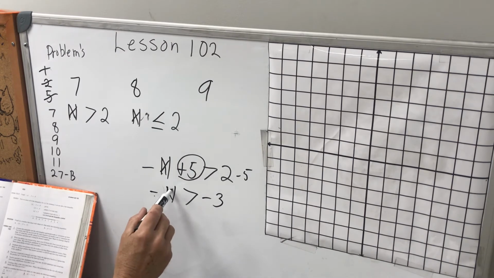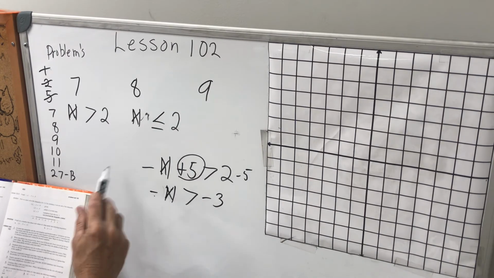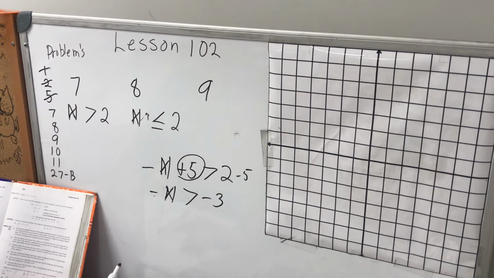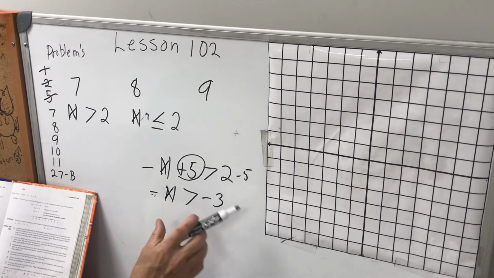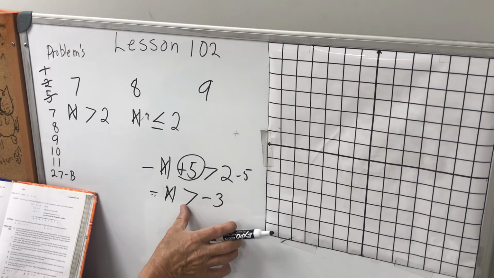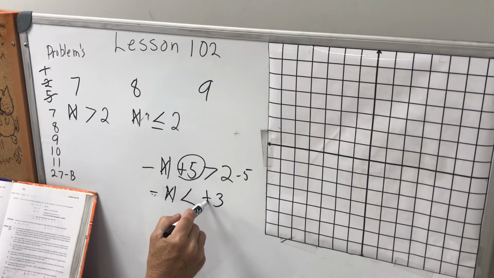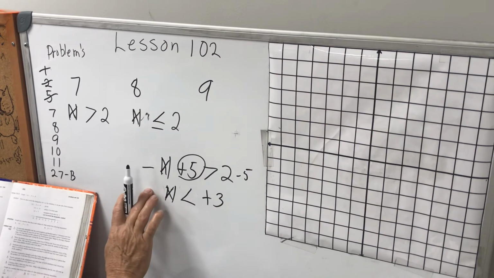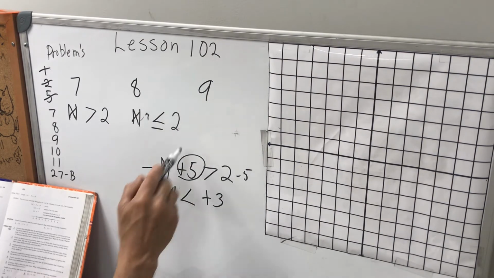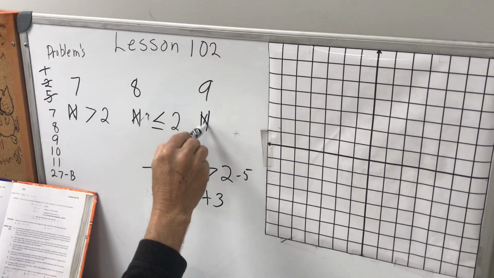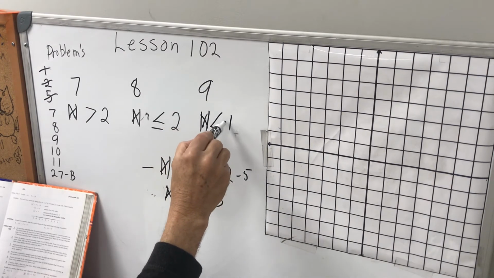If you remember in the previous lesson, to get rid of the negative sign on the left side of the x, it does 2 things. When we move this over to get rid of it, it's going to change this sign, and it changes this sign. Now I've gotten rid of it. So number 9 is actually this right here, +3.